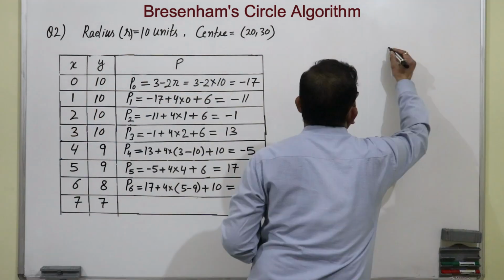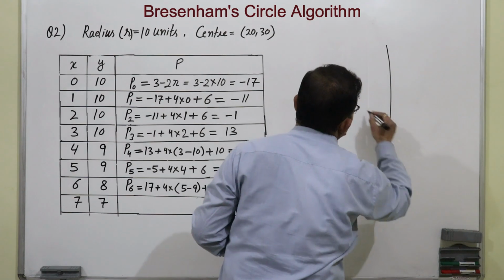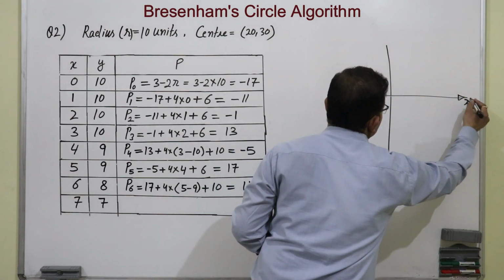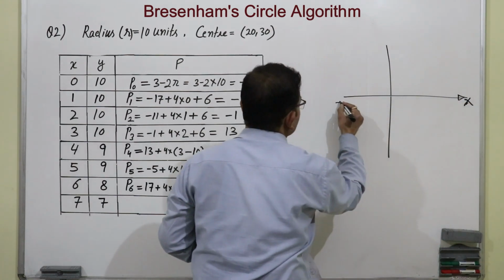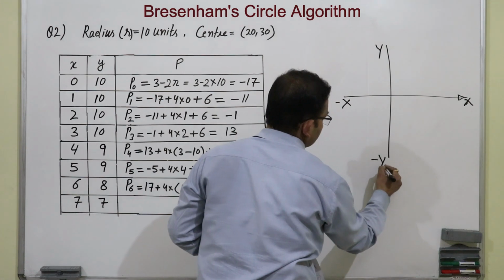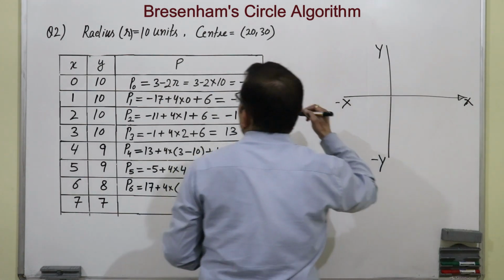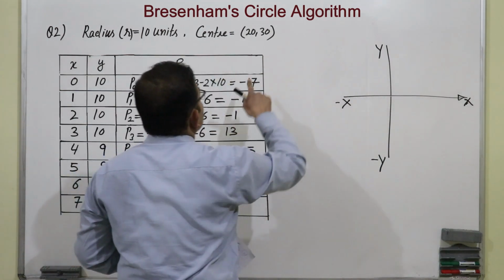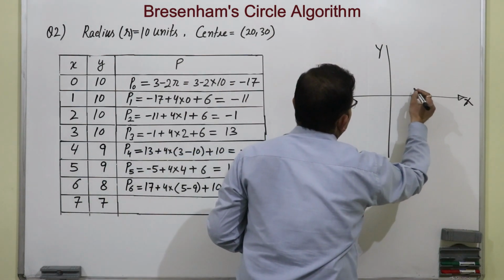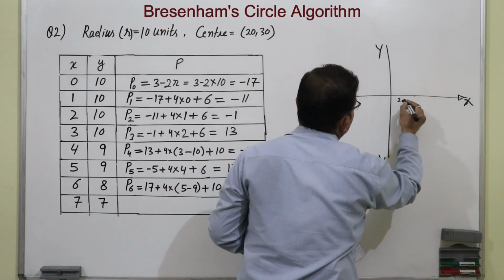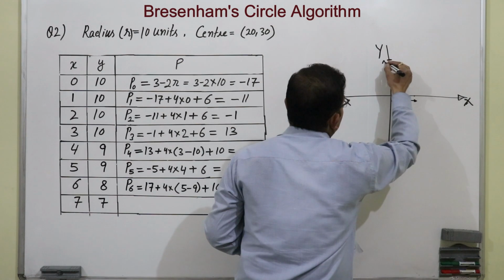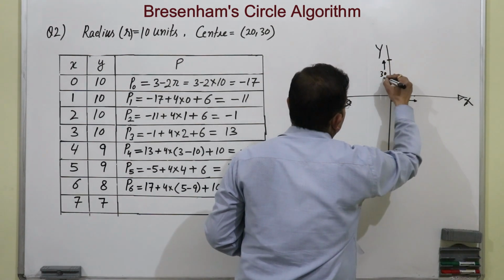Okay. So, this is the x axis, this is the y axis, and the radius is 10 units, center is 20, 30. Suppose this is 20 and suppose this is 30.